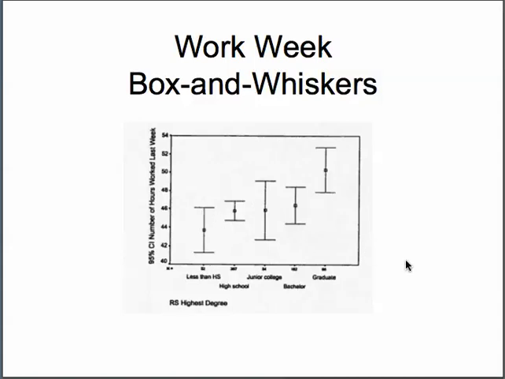The key thing to look for is, do the whiskers overlap? If they do overlap, then there is the possibility that one of the group mean values could be the same as at least one other group mean value. If they do not, then there is a very remote statistical possibility of the group mean values overlapping.